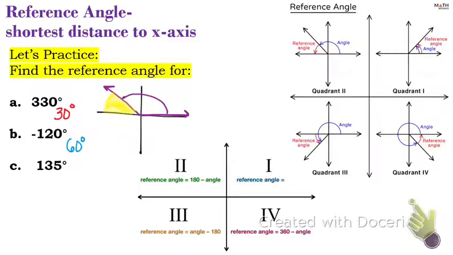So for this one, it would be 180 minus 135. And that would be a 45-degree reference angle. And that is what a reference angle is. So when you look at your quiz review that I just passed out, if you look at number 4, it's asking you to find the reference angle. And that is what we just talked about.